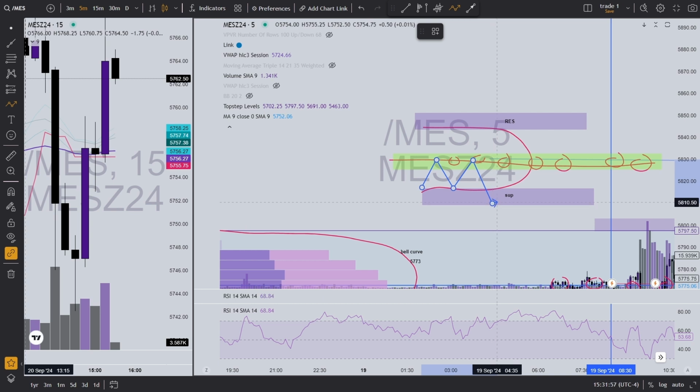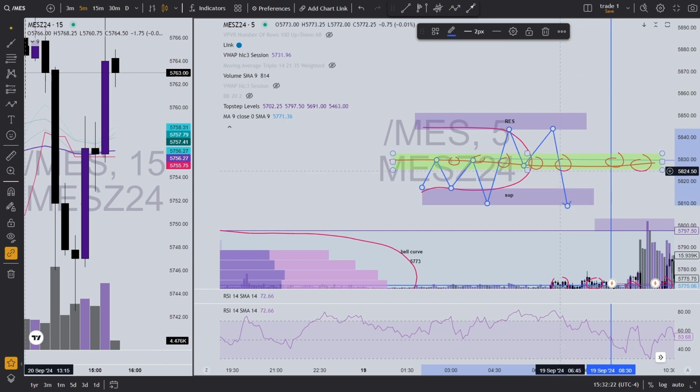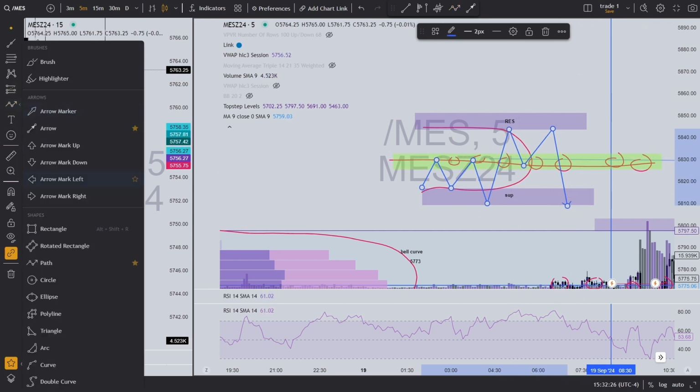Maybe it trends a little bit lower. And once it hits for the upside, it's usually going to trade up to the outer extremity of this particular bell curve. And then when it comes back down, it's usually going to reject off of that POC and come back up or trade down.